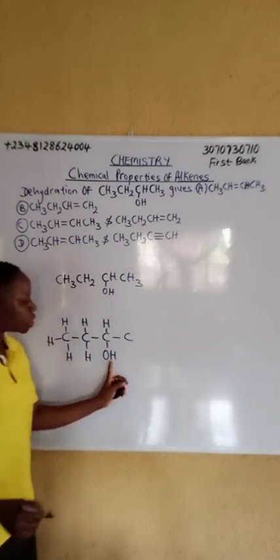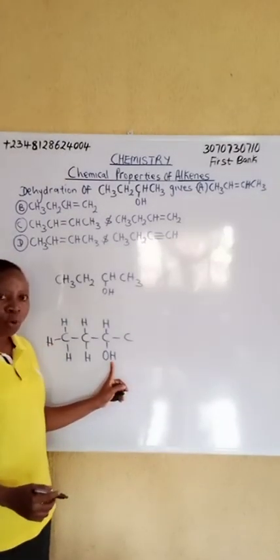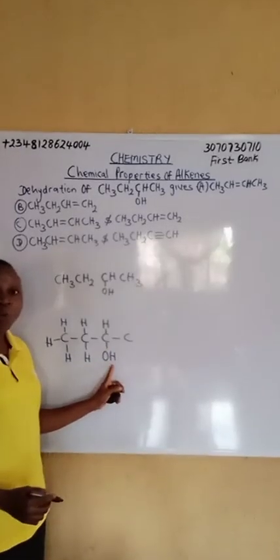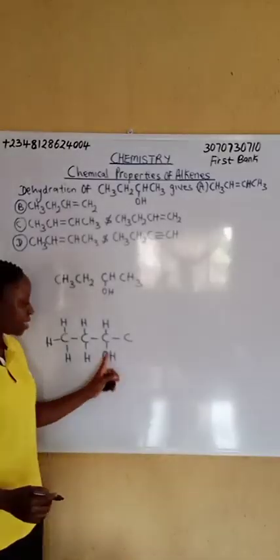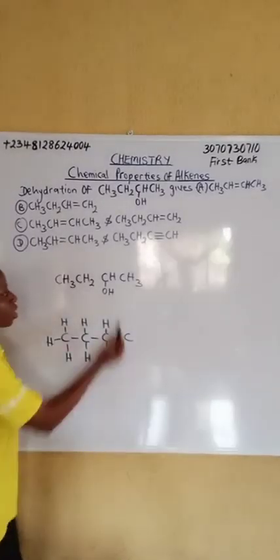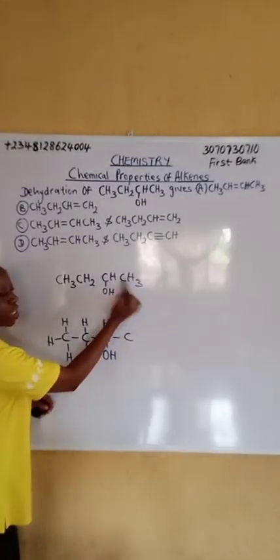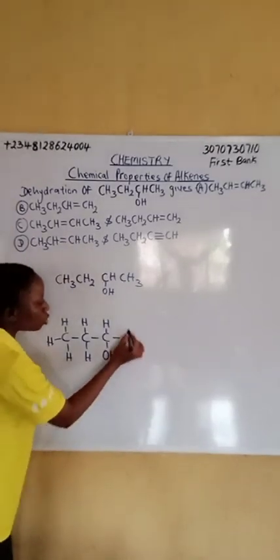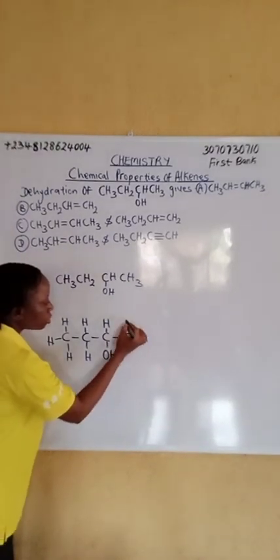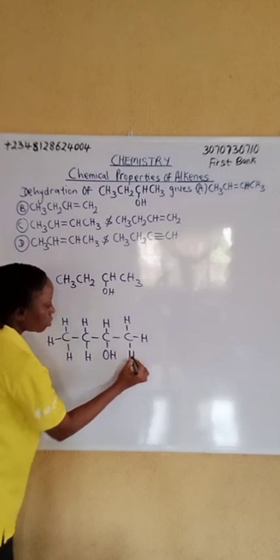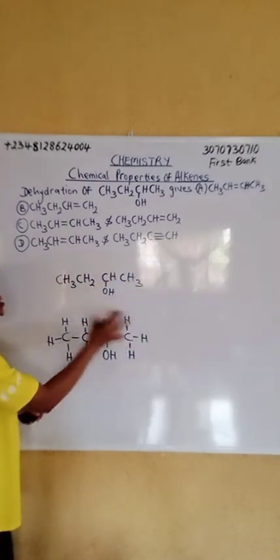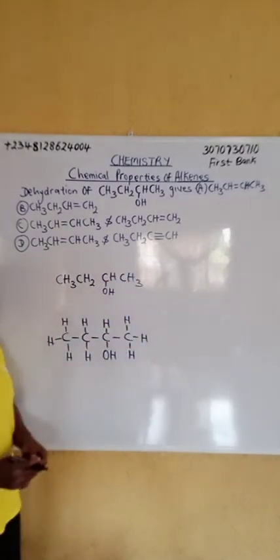Don't forget, always place your hydroxy group on the adjacent carbon atom, that is down. Then the fourth carbon atom with 3 hydrogen atoms, 1, 2, 3. So this is the structure of this molecule.